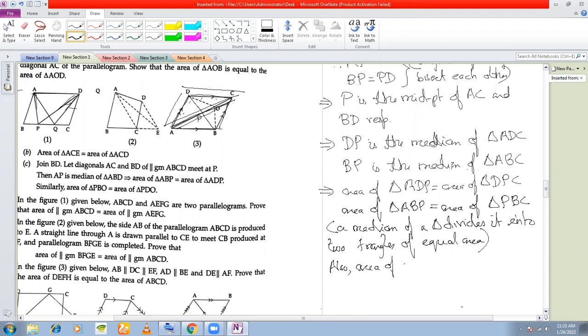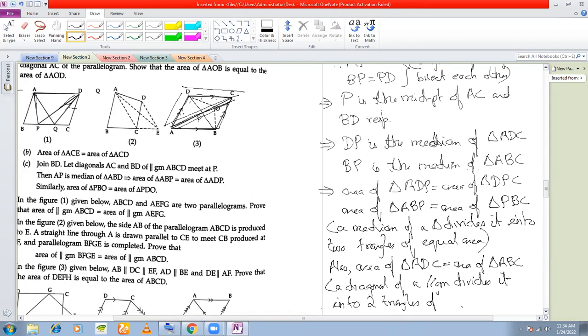Area of triangle ADC is equal to area of triangle ABC, because a diagonal of a parallelogram divides it into two congruent triangles.